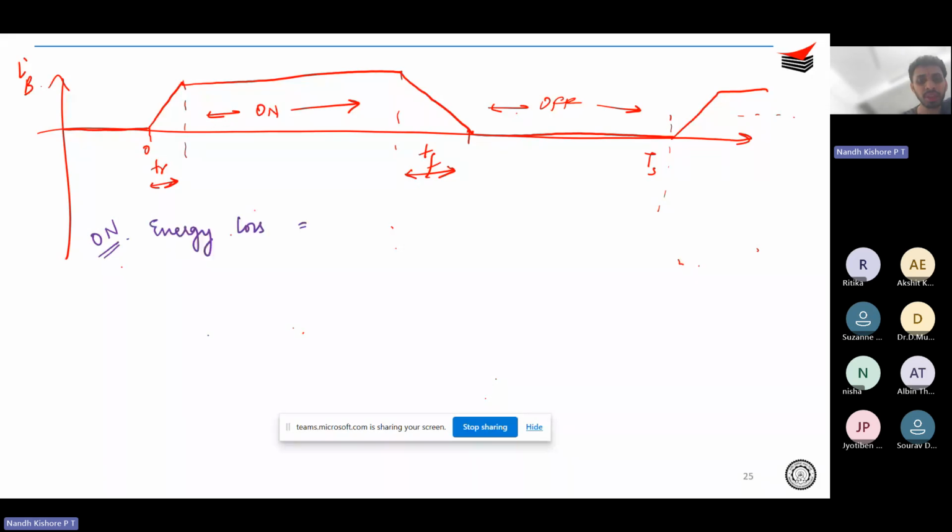Energy loss component will be directly V into I, because during this period VCE is fixed at 0.2, it's not changing, and IC is fixed at 5 amperes. So your energy loss is going to be VCE into IC into T on, the period for which it is happening.